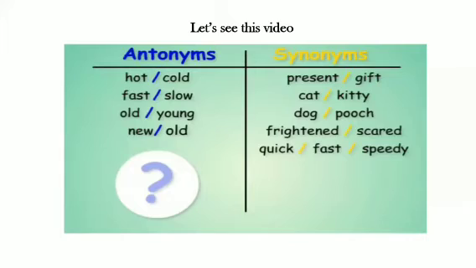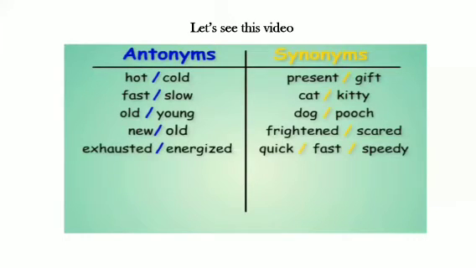Can you think of any more antonyms? Exhausted and energized, heavy and light, dark and light. Aha! Another tricky one. By the way, those were all adjectives, but synonyms and antonyms can also be verbs. Raise is an antonym of lower.